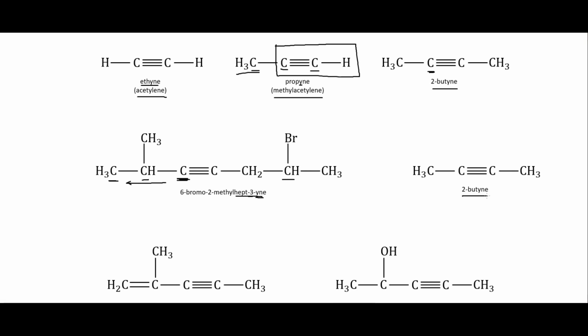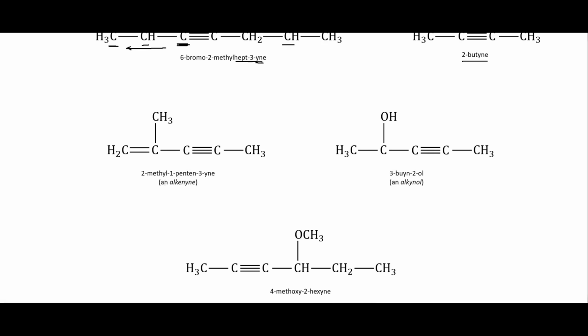Again, I have 2-butyne here. That's just the same as this one above. Then we also have this 2-methyl-1-pentene-3-yne. And so this has a methyl group on the second carbon there. So the double bond here is closer over to this first carbon here. So we start counting from this carbon here. So that's the 1-pentene right there.